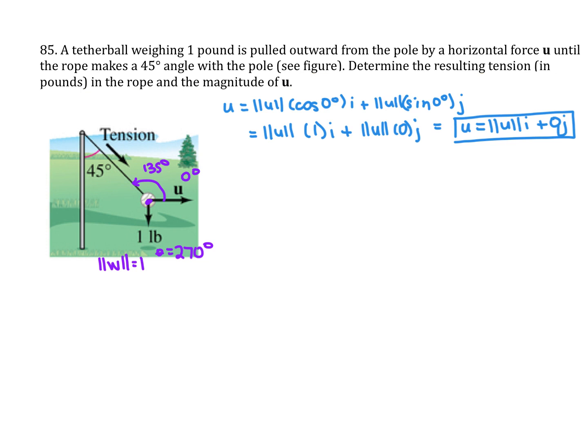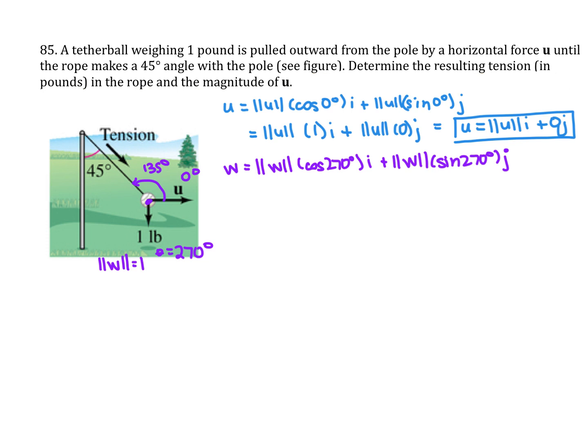Next, let's write an equation for W. We're going to use W for the weight of the ball. W is the magnitude of W times cosine of 270 degrees, i, plus the magnitude of W, sine of 270 degrees, j.